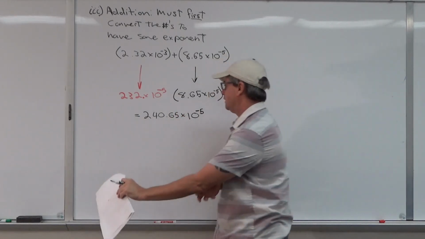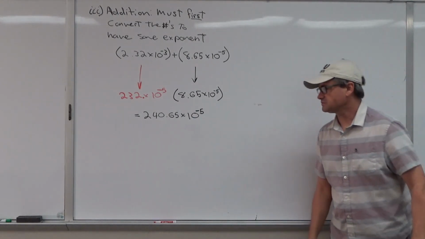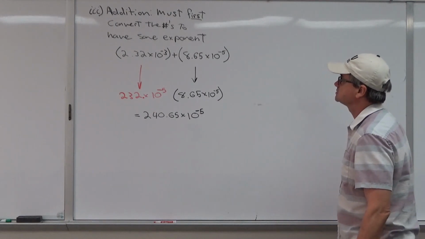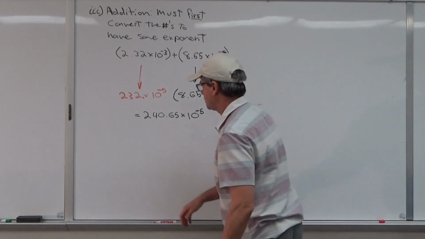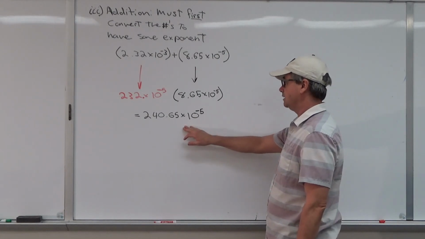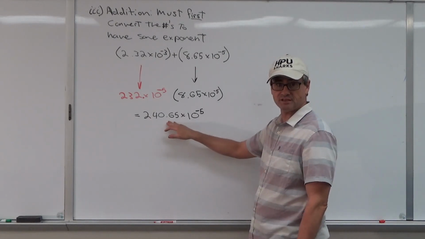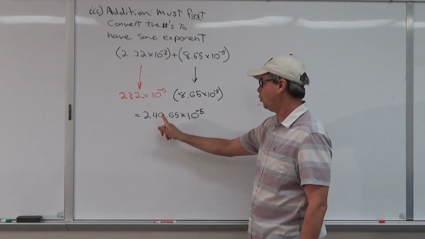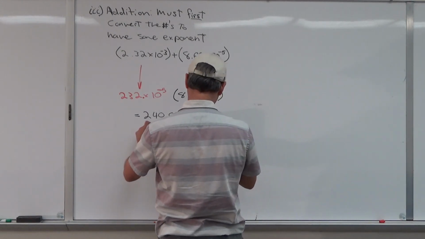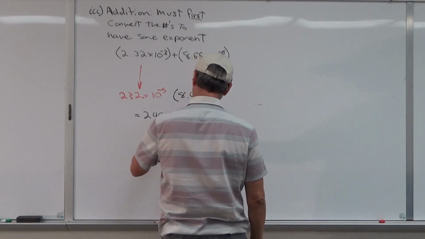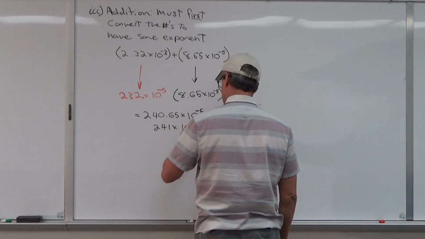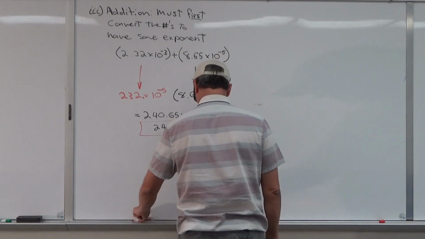Now, it turns out, because of something called significant figures, which is going to be our next subject here, it's not actually fair of us to count all those digits. So we actually need to round this to the nearest ones place. Since that's a 6, we'll round it to 241. So 241 times 10 to the negative 5, and that's our correct answer. I'll explain significant figures in just a second.